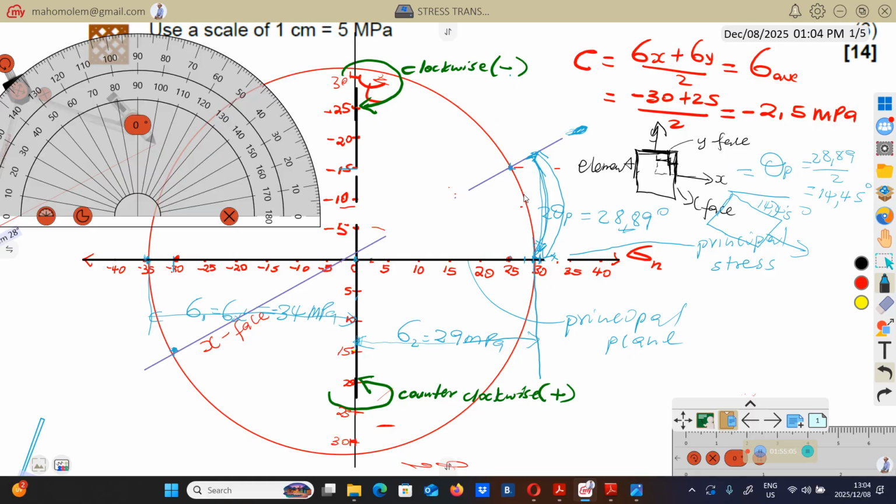So that clockwise is telling you that the angle is negative, negative 14. Negative means clockwise. So that's why I've rotated this element clockwise by that angle, from here to this black line.